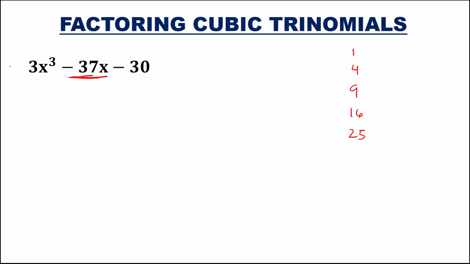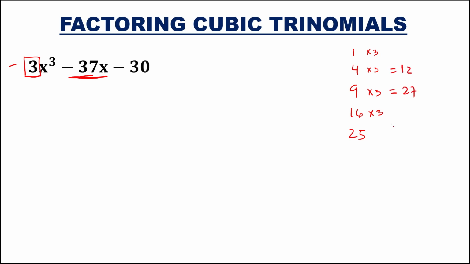But since for this given, there is a number in the first term, we need to multiply this number to these perfect square numbers. So times 3, times 3, times 3, times 3.